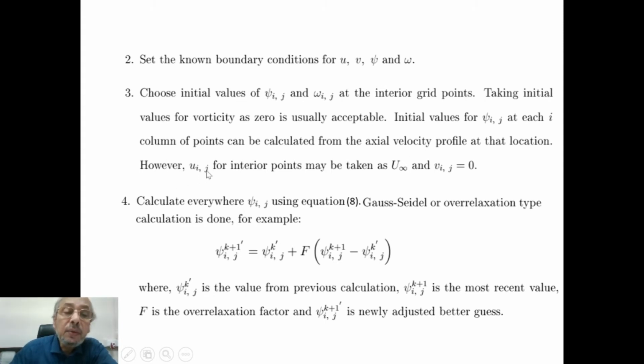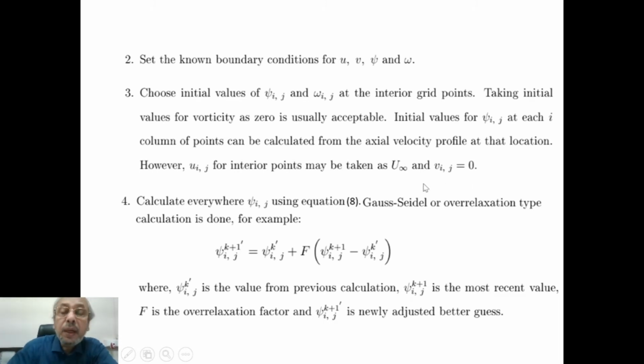However, uij for all interior points can be given any constant value, say u infinity, where u infinity is the entry of the flow; even if it has a profile, it can be expressed in terms of u infinity. As uniform flow, we give this condition at all interior points, and at all interior points the initial condition for vij is 0.